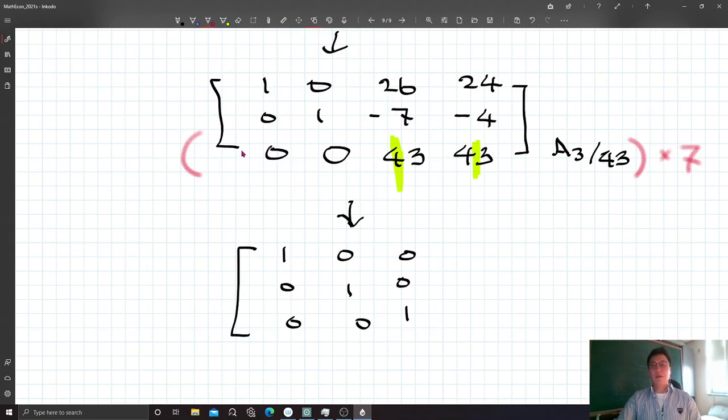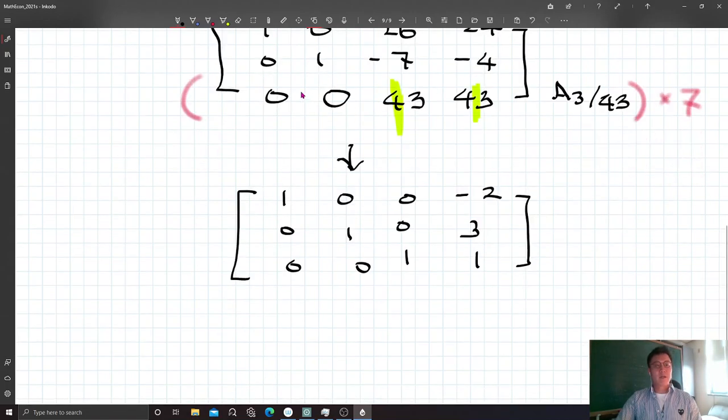And then using row addition one more time, multiplying by negative 26 and adding it to the first row, you can kill this number 26. All right, then finally we get this one.